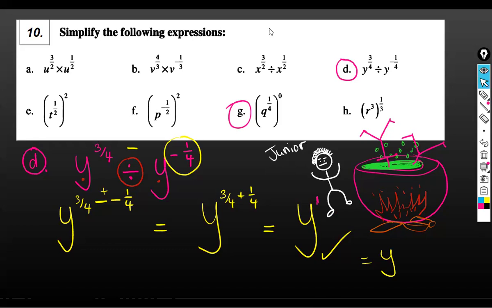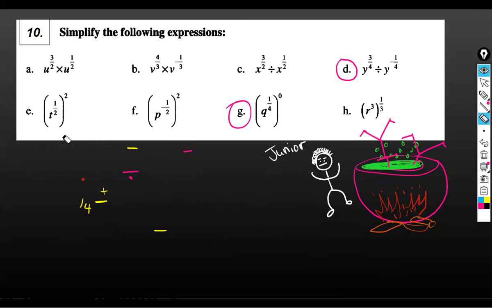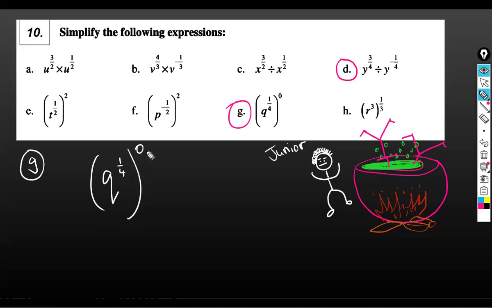All right, so I'm going to erase the old work in here. The G. You have Q to the power a quarter and 0.